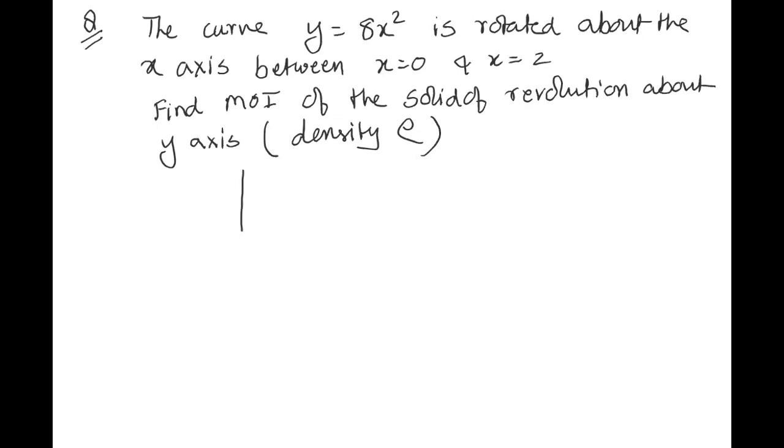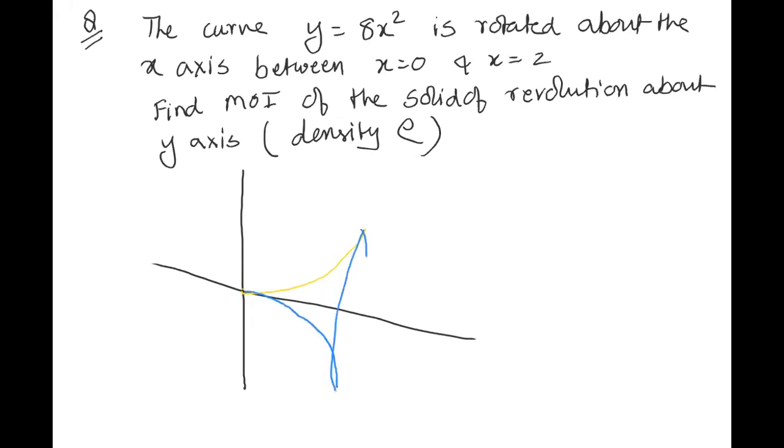The introduction is clear to everyone. We take a graph y is equal to 8x cubed. Then we rotate it about the x-axis. We get a solid of revolution, right?